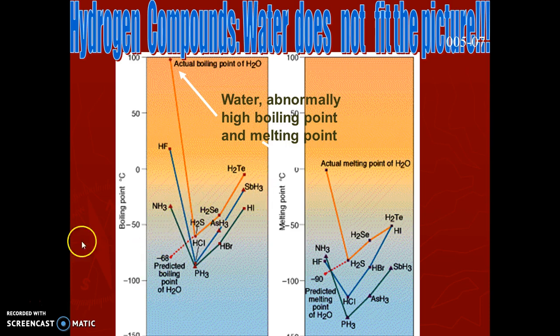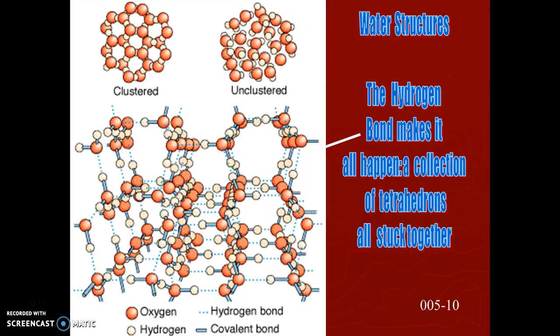And if you look here with hydrogen fluoride, the halogens, hydrogen iodide, bromide, goes down, down, down, and then all of a sudden, boom, goes up here the hydrogen fluoride. The same thing with ammonia. So because of hydrogen bonding, water has an abnormally high boiling point and allows water to be a liquid when it normally shouldn't be at given temperatures. And it's essentially because of hydrogen bonding that life exists here the way it does.